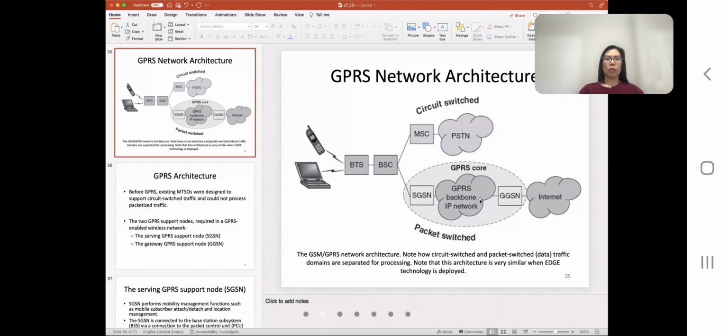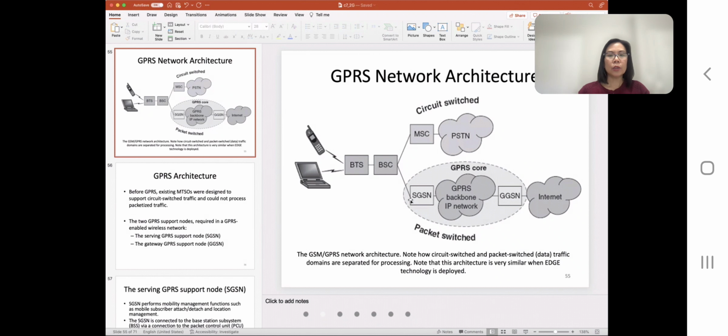Now in the GSM network, we have data. So that's why they created a separate network based on packet switching technology. This is called the GPRS core. Basically, it's a different network from this, based on packet switching.